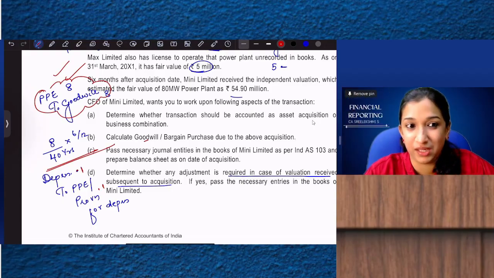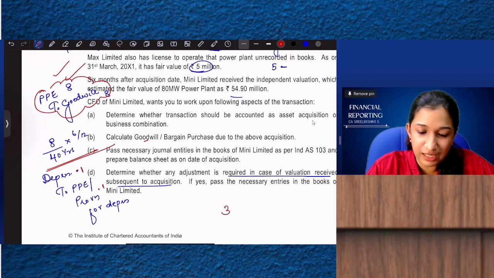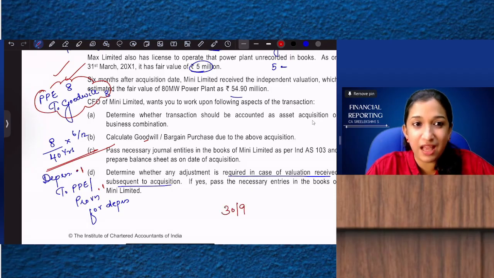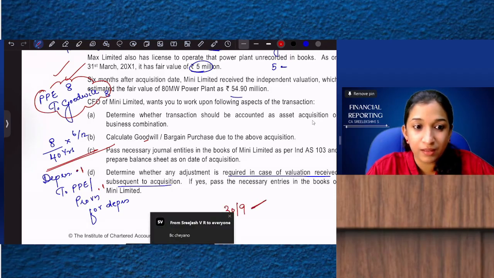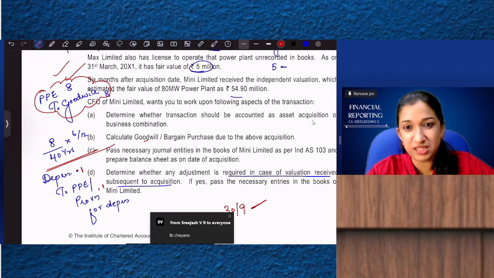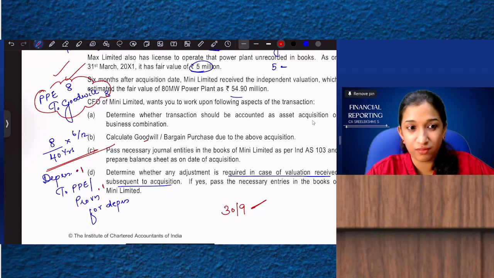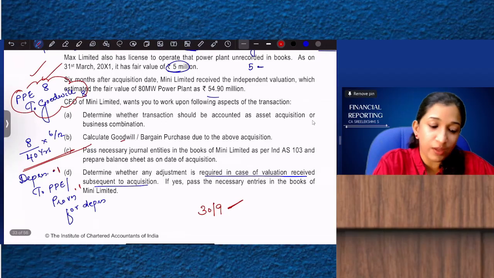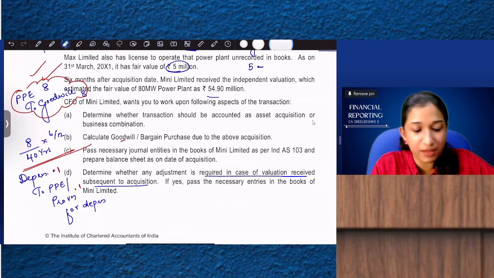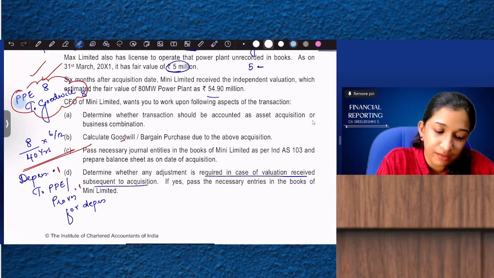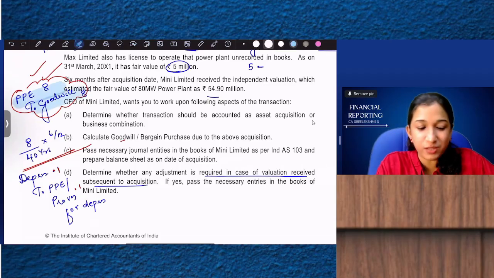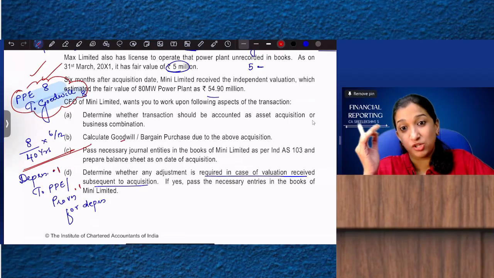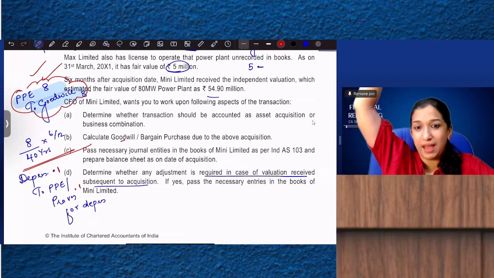Retrospectively, I am correcting PPE. So as on 30th September, the asset value should be adjusted as part of the business combination. Retrospectively means going back 6 months and adding.